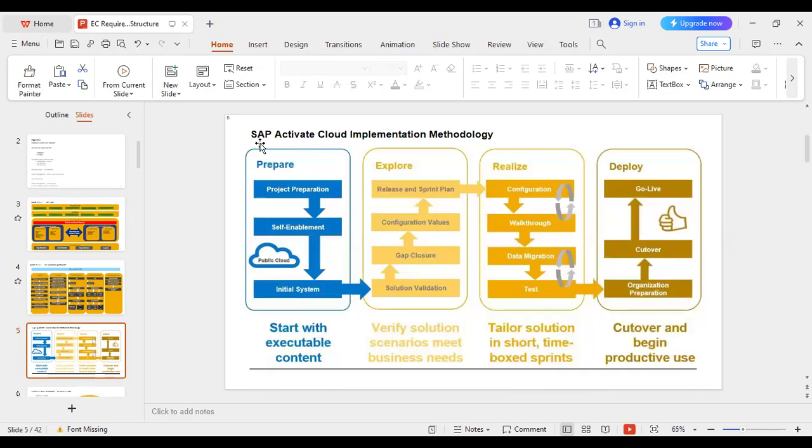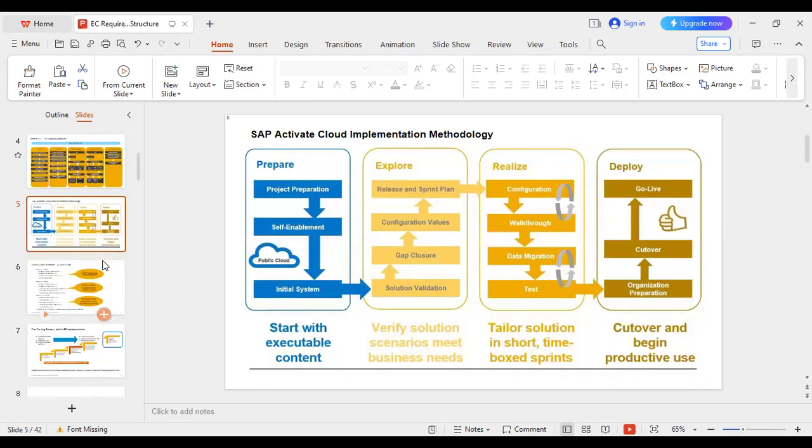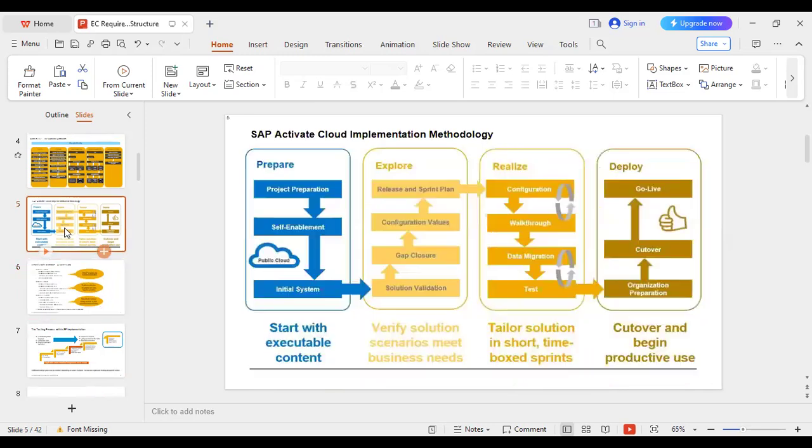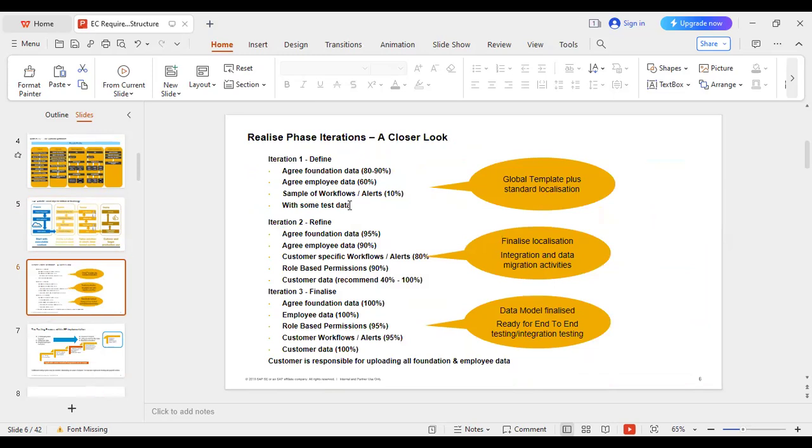Also the SAP Activate Cloud Implementation methodology, how the implementation has steps from prepare to deploy, and how the iteration will work for implementation.